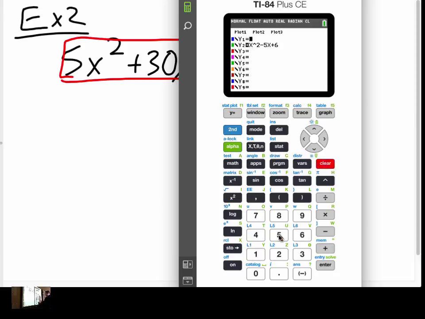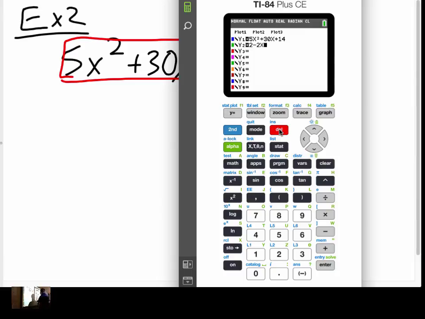So I'm going to say 5x squared plus 30x plus 14. And then on the other side, I'm going to say 2 minus 2x. And delete the rest.